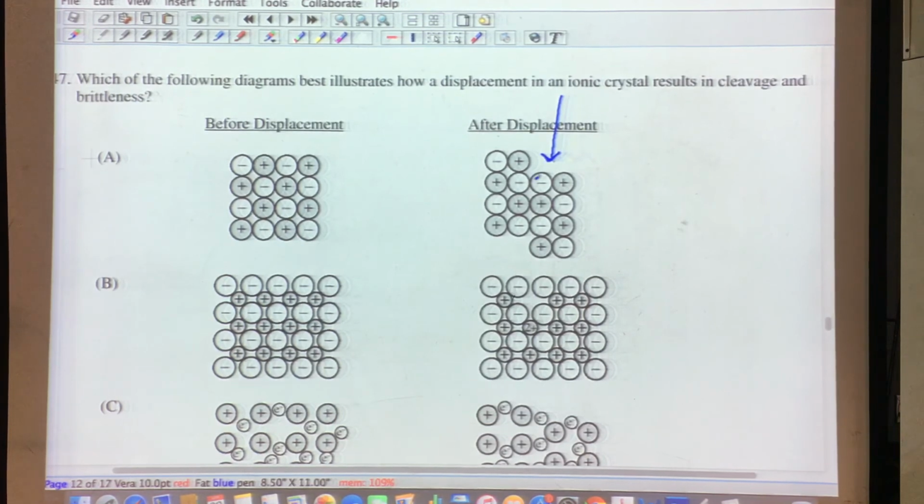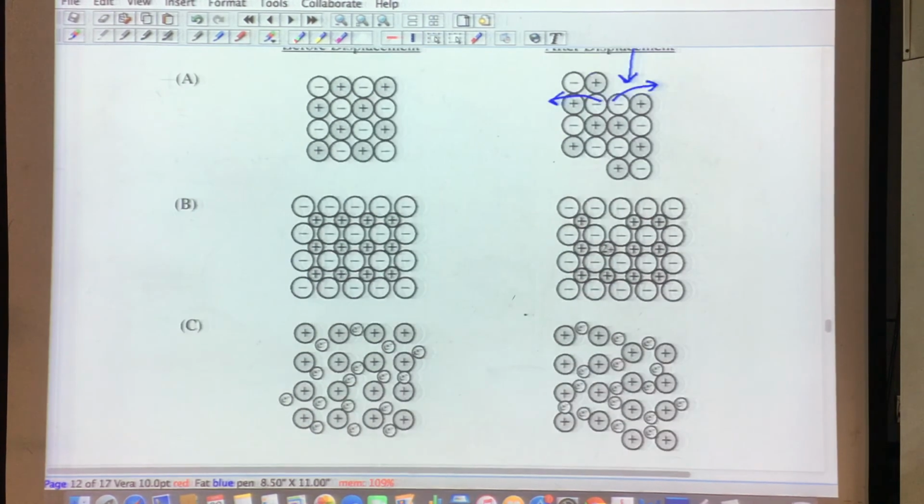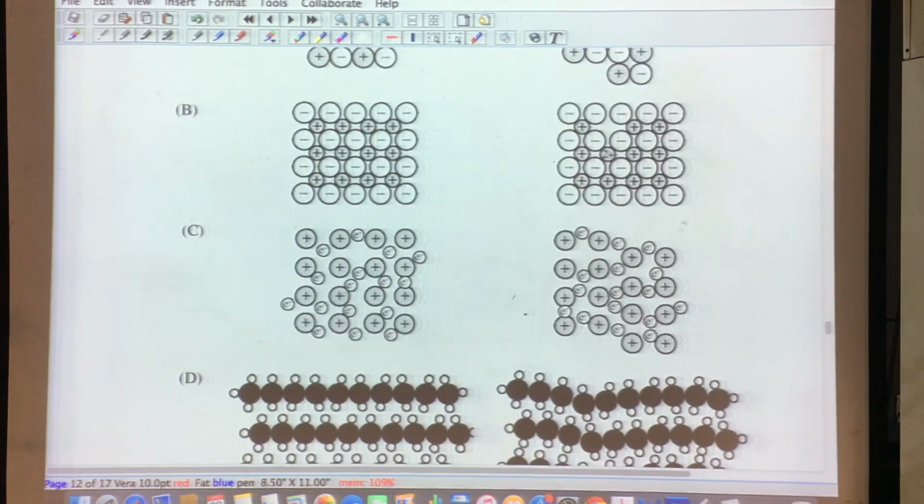These guys are going to what? Repel and break apart. This is showing a scenario where we're adding positive 2 ions in here, we're doping this. So this is not showing cleavage, it's showing just the doping of ions. Don't be a dope.